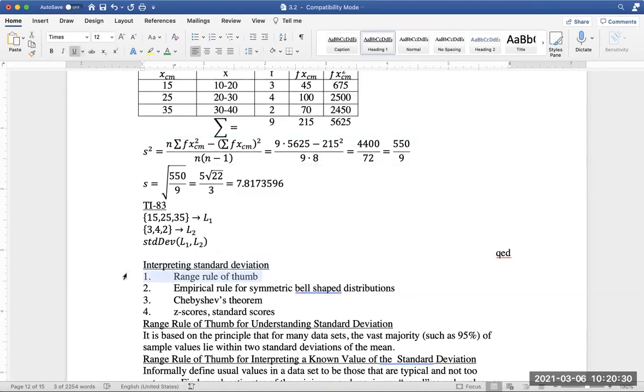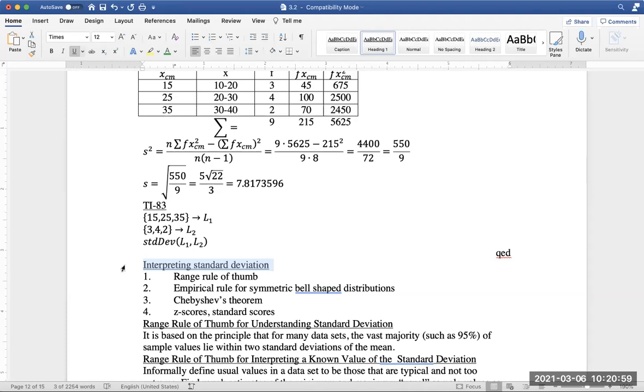So, the range rule of thumb. We're going to be interpreting. I've given you definitions of these measures of dispersion, some properties of them, and some examples, mostly involving, of course, the standard deviation.